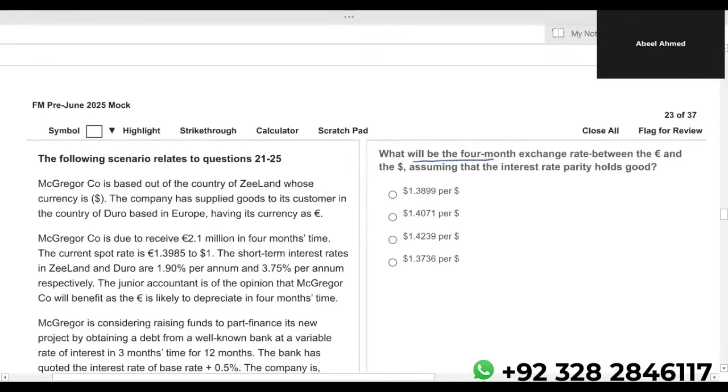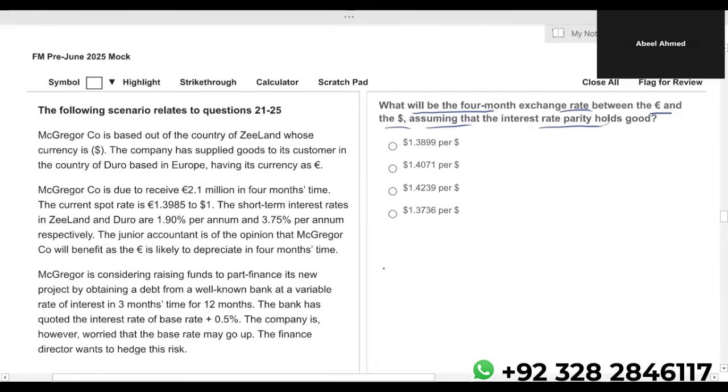What will be the 4 months exchange rate between the euro and dollar, assuming that interest rate parity holds? Good. It's very simple. We need the 4 months forward rate. Let's take the spot rate. The current spot rate is euro per dollar.